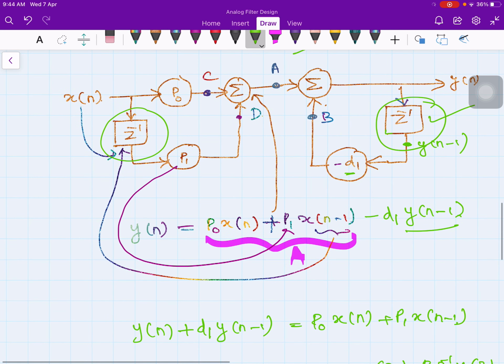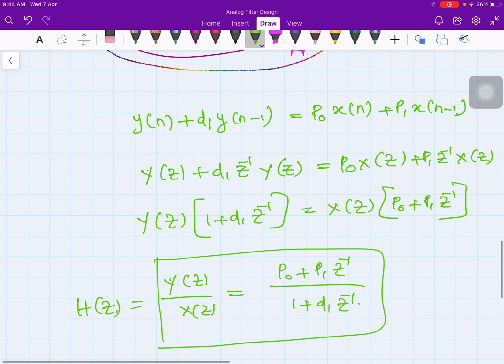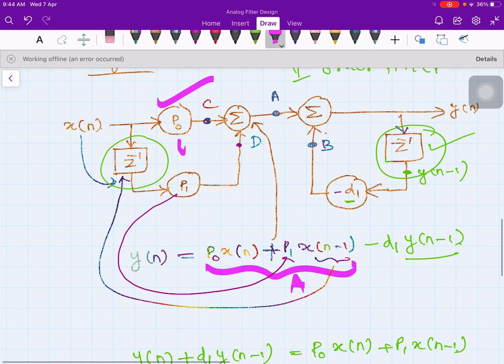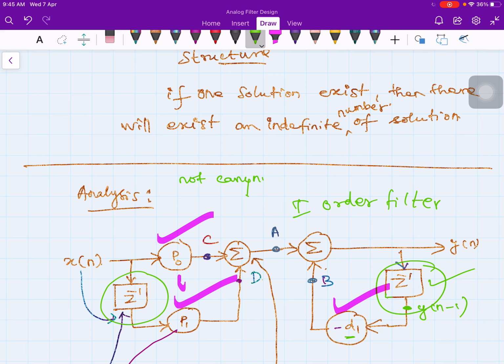But it is canonic in multipliers. We have three coefficients, P0, P1 and D1. Therefore we need three multipliers. So yes, we have three multipliers here. See, 1, 2 and 3. Three multipliers. Therefore the given structure is not canonic in delays, but it is canonic in multipliers.